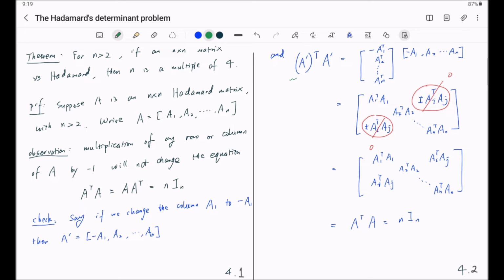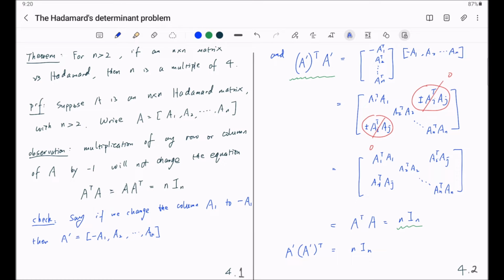Now if A'^T A' is equal to n times I_n, you know from linear algebra that if you flip this product, you will still get the same thing. Because A' is a square matrix, this equation shows that the inverse of A'^T is A' divided by n.